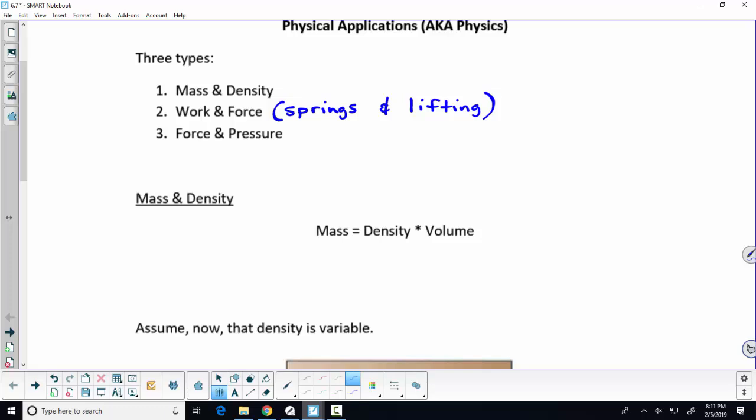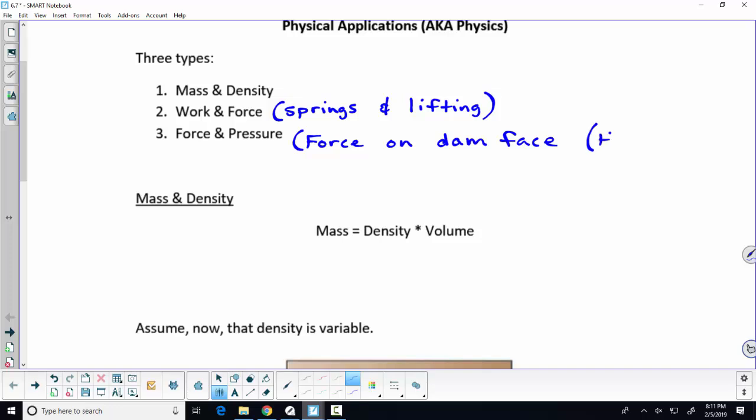If I've got like a parabolic trough, how much work does it require to lift the water out, or something like that. And then force and pressure is like force on like a dam face. Or some sort of force on some sort of face, whatever.